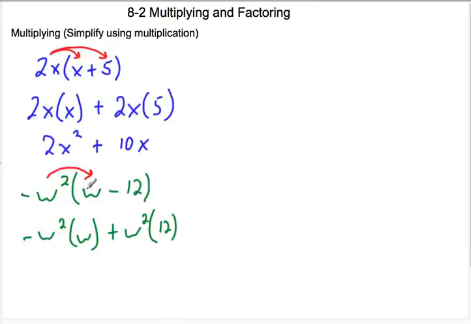So I just basically took care of the double negative there. And so negative w squared times w is negative w to the third, because we're adding the exponents there. Okay, so now the w squared times 12 is just positive 12w squared. So that's it for the multiplying there.